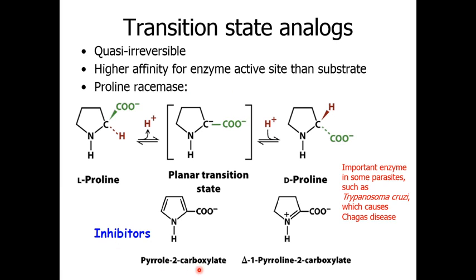Inhibitors such as pyrrole-2-carboxylate or delta-1-pyrroline-2-carboxylate, which have a planar kind of configuration, can mimic the planar transition state of this reaction. And hence, these two compounds can become inhibitors of proline racemase.